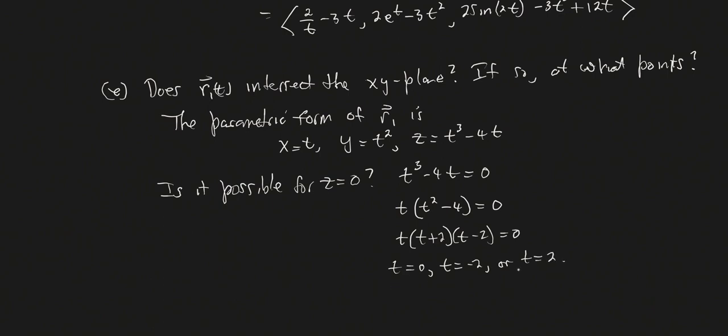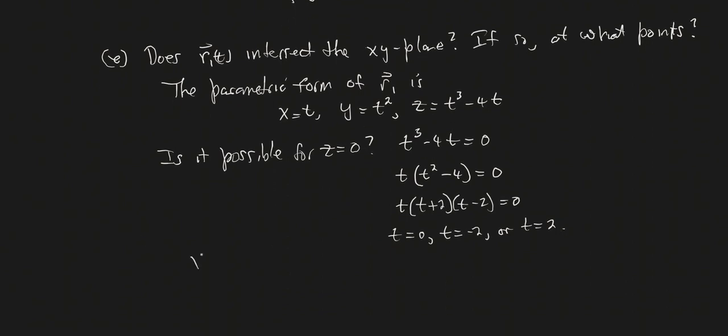So we can answer the question and say yes. It's quite likely that there are 3 distinct points of intersection. I say likely because I don't know, when I plug these 3 different values of t back in to find x, y, and z, whether we are going to get completely different points. We should, but let's see.